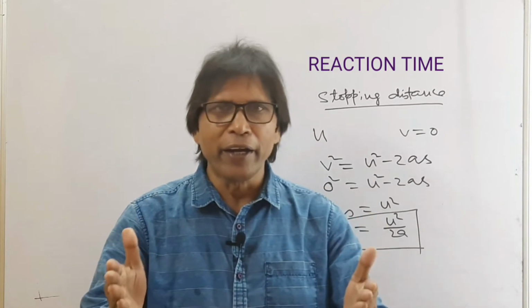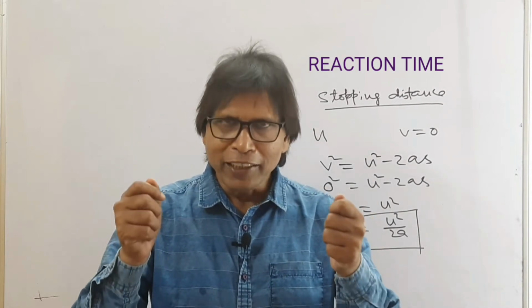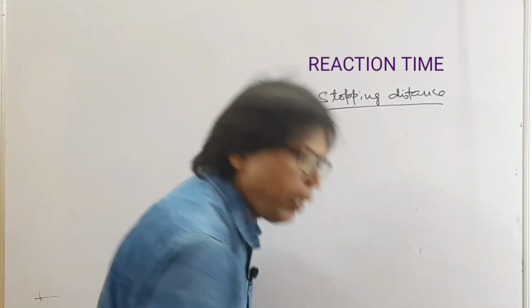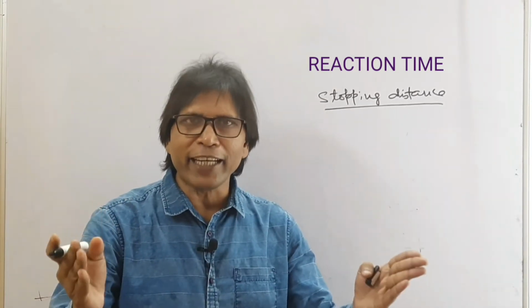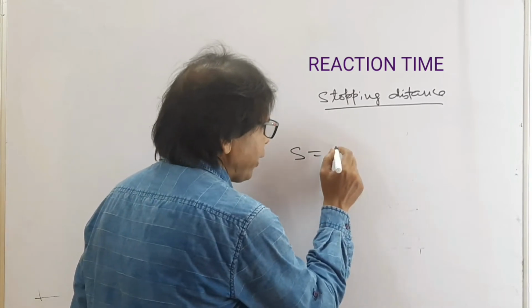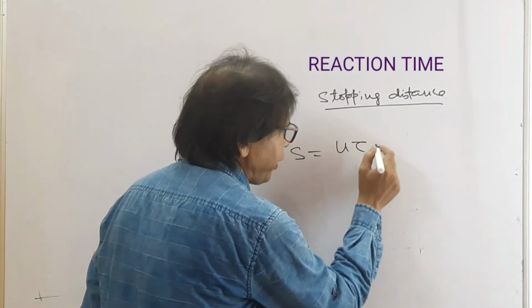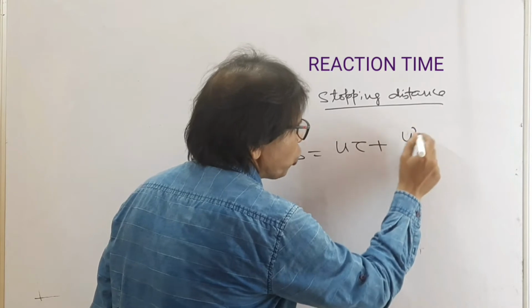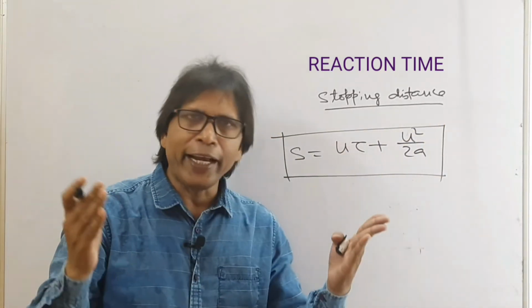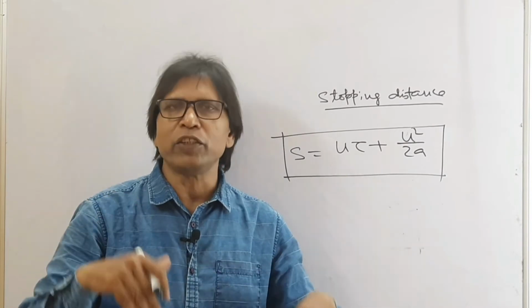A good driver has very low reaction time. If tau is the reaction time, then stopping distance s equals the distance covered in reaction time plus u square divided by 2a. Okay. Now we take an example for this theory.